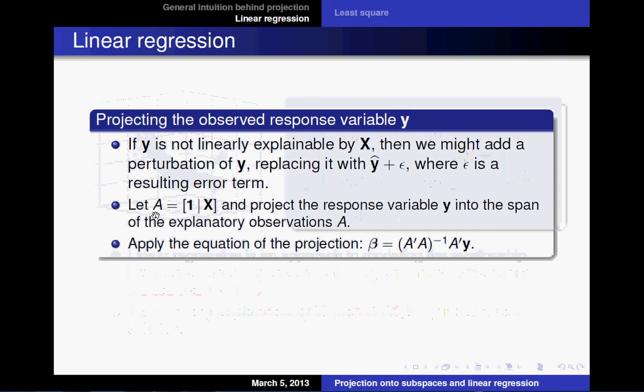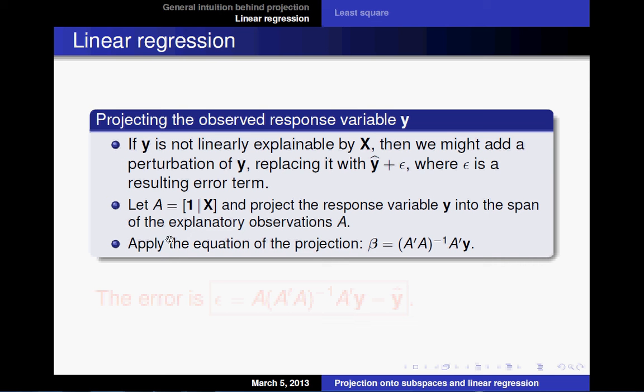Let's call A this matrix here, in order to be coherent with the previous notation. The idea will be to find this projection, and this projection is found by finding the error term.